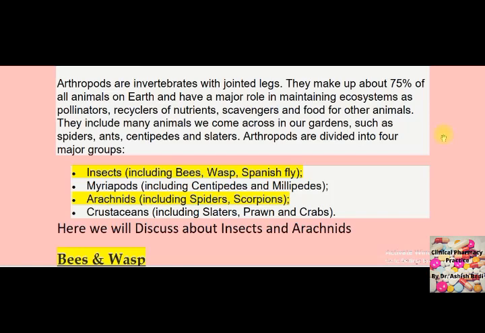So here we'll be discussing insects and arachnids only. We are going to learn about bees, wasps, Spanish fly, and arachnids, which include spiders and scorpions. These are insects, and these spiders and scorpions we will study.